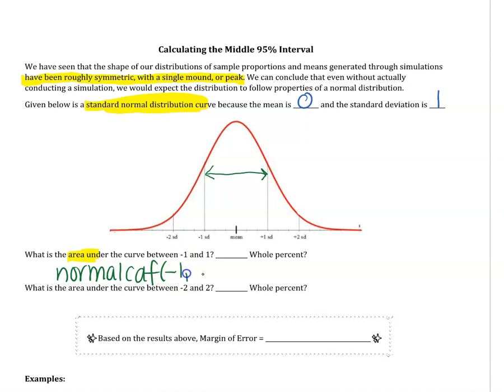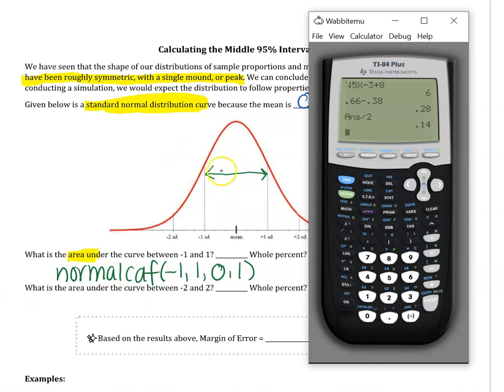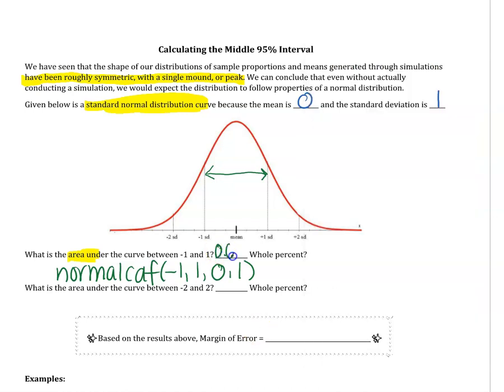My low bound is -1, my high bound is 1, mean is 0, standard deviation is 1, and I go to my calculator. So remember, this is at second vars option 2. Low bound is -1, upper bound is 1, 0, 1. And then I'll hit paste. And you'll notice I get 0.682. So to the nearest percent, 68%. So we're finding that 68% of our data lies within one standard deviation of the mean.